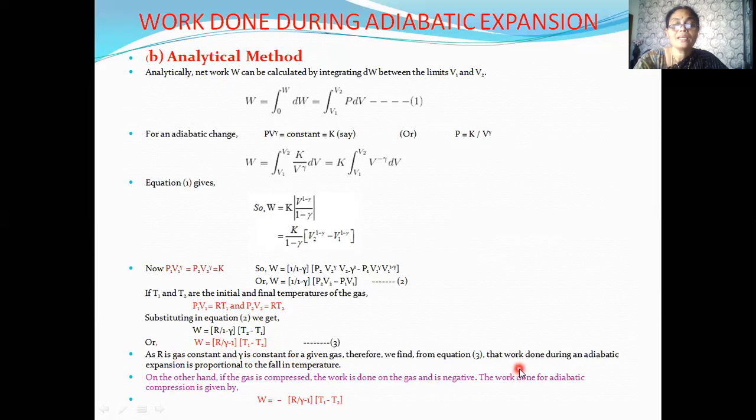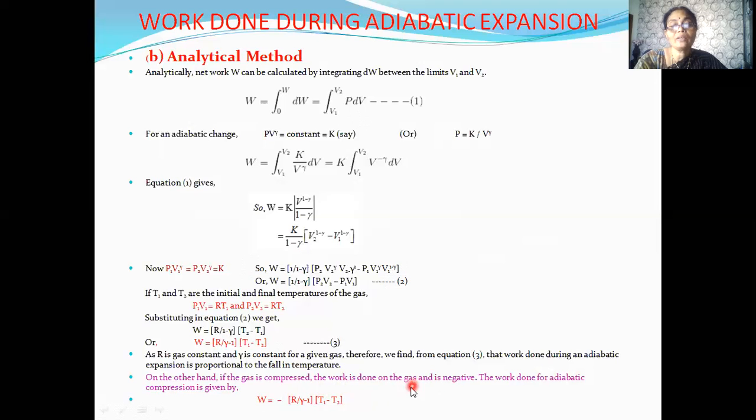Now, in the work done during an adiabatic expansion, since these two are constant, we can say that this work is proportional to the fall in temperature. So this is the adiabatic expansion process and the method of calculating the work done in an adiabatic expansion process analytically. On the other hand, if the gas is compressed, what happens?